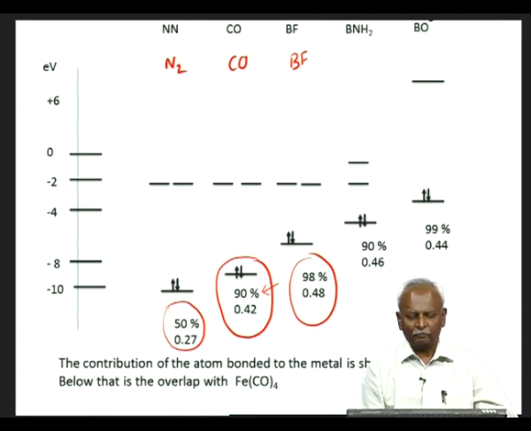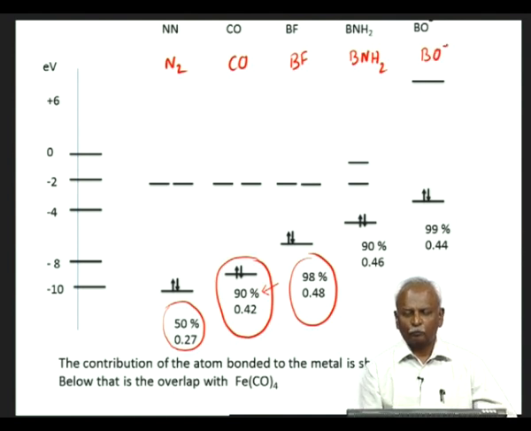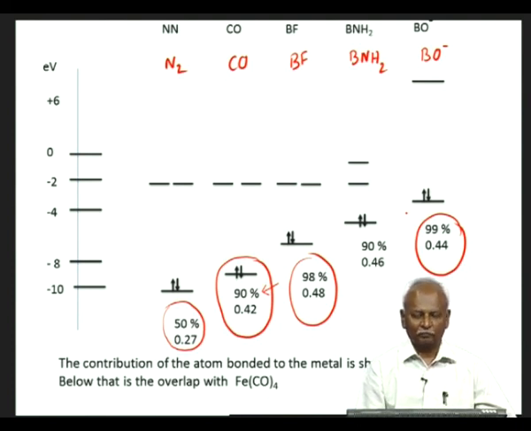In BF you have a very significant proportion of the electron density, the donor orbital, on the boron. If you go in a similar fashion to BNH2 and BO minus, you find that the electron density will be mostly on the atom which is less electronegative, and so the donor ability increases in this direction.